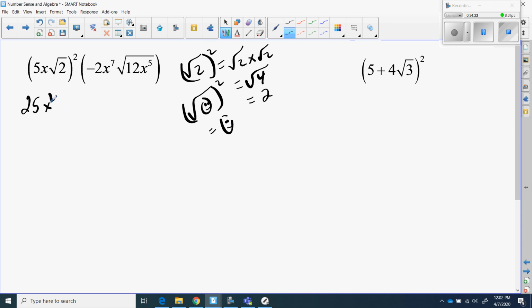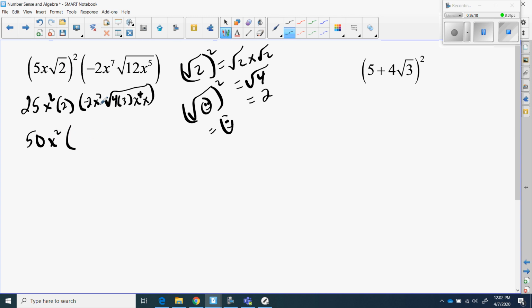All right, so let's go back over here. So I squared this one. Square the square root of 2, we said, is going to give us just a 2. And now, I guess I could reduce this if I wanted to. So I'll go minus 2x to the 7th square root of 12x to the 5th. So 12 is 4 times 3. I can't take the square root of x to the fifth, so I'll split it apart into x to the 4 and x. So I've got 50x squared.